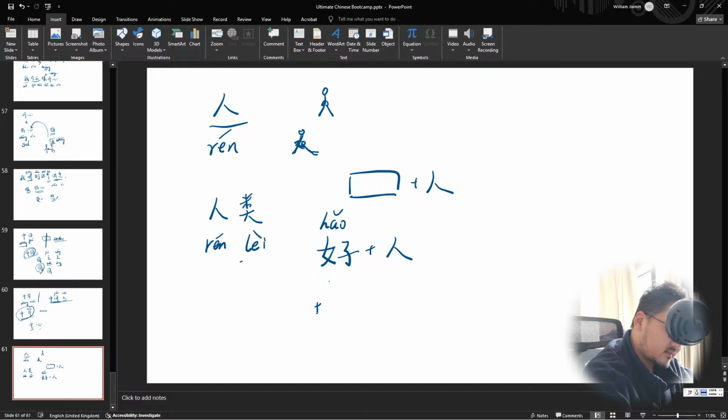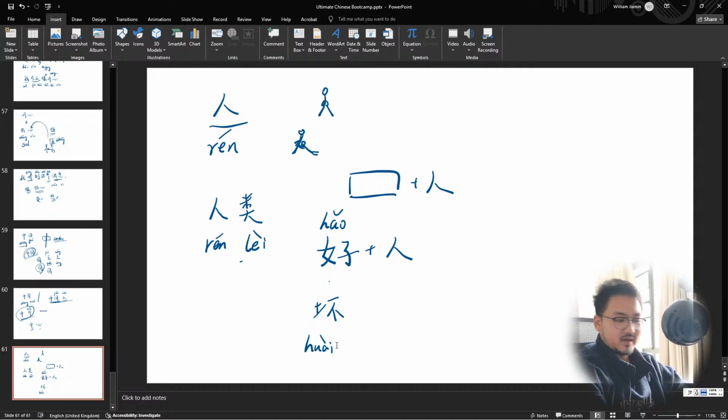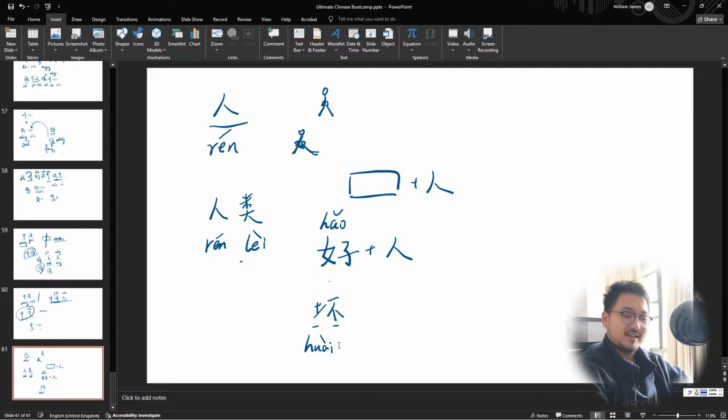But what about this? That means 坏, bad. If you think about this, it's like a no and the dirt. I don't know why a no and the dirt means bad. Is it because dirt is bad, or because of agriculture, someone who does not go farming is a bad person?